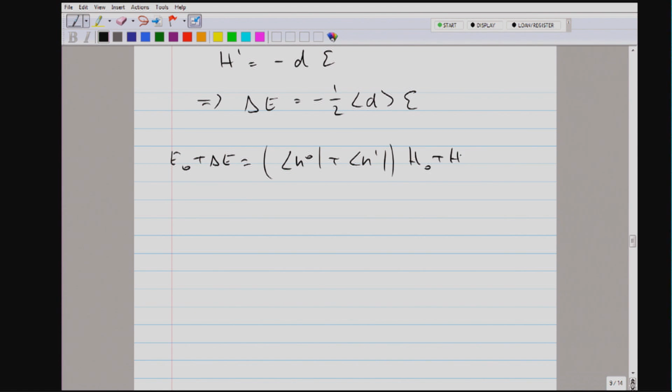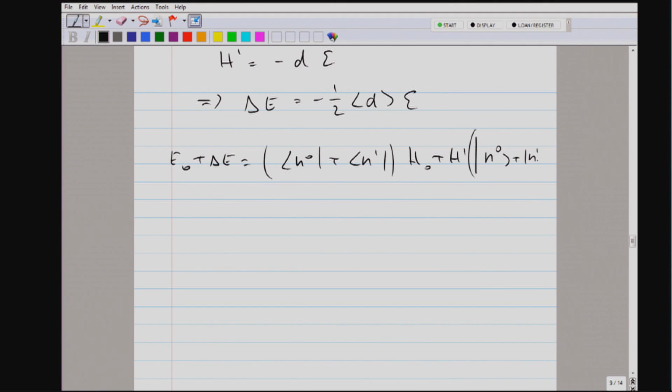We take the total Hamiltonian, and take the wave function. So this leads us to 3 terms.